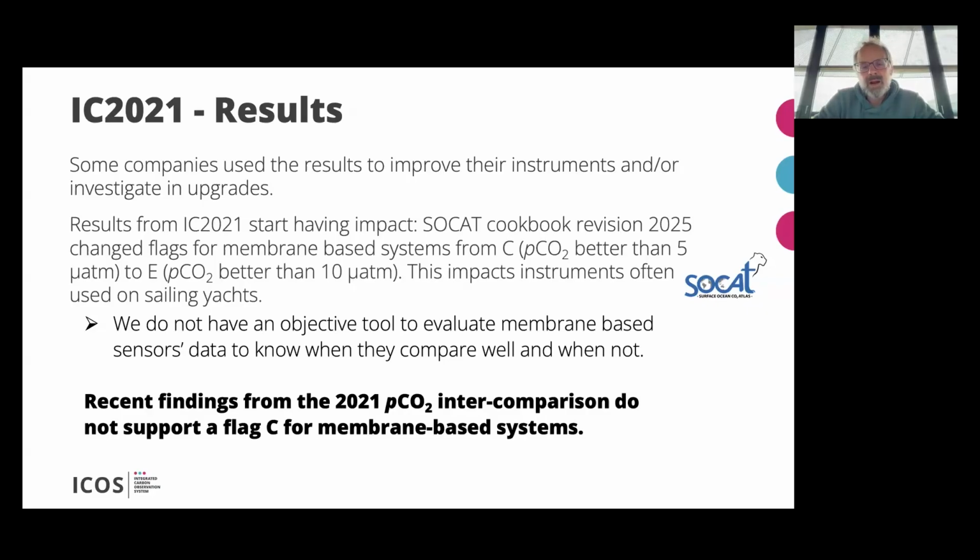This might sound very harsh, but on the other hand, it also shows that once we have an objective tool, once we understand better how to measure the quality of the systems, this decision will change again. But for now, we do not have an objective tool.